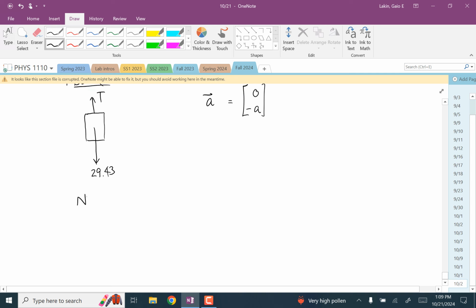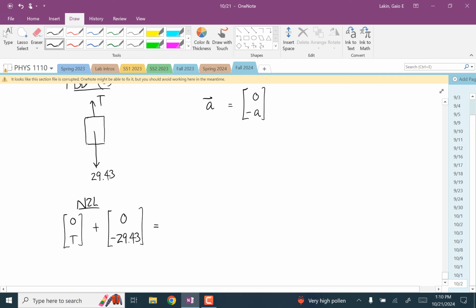And now we'll go to Newton's second law. We have 0t plus 0, negative 29.43 is equal to 3 times 0, negative a.